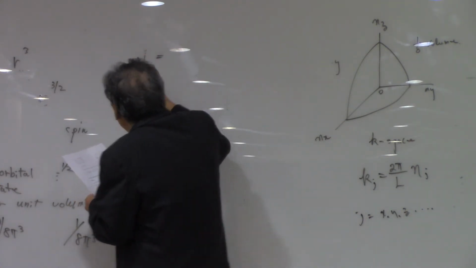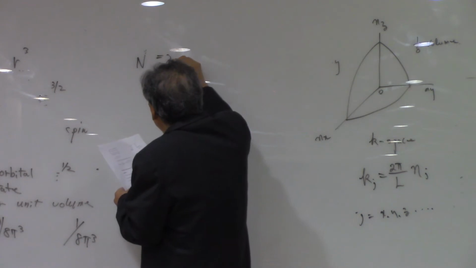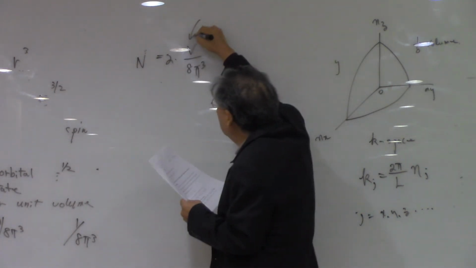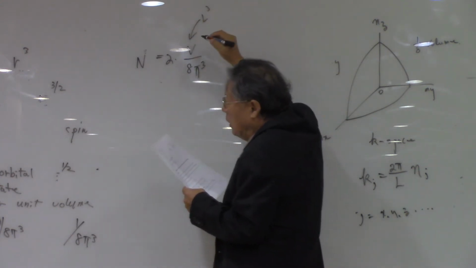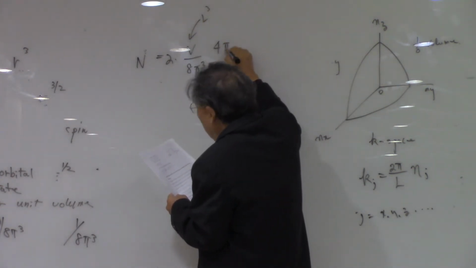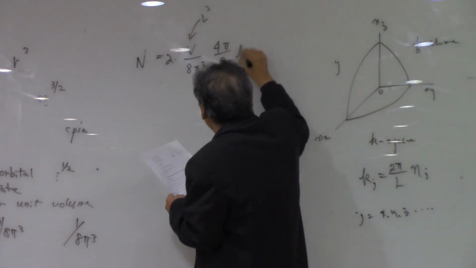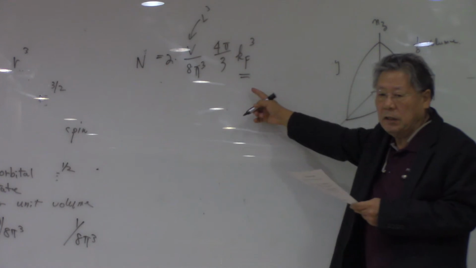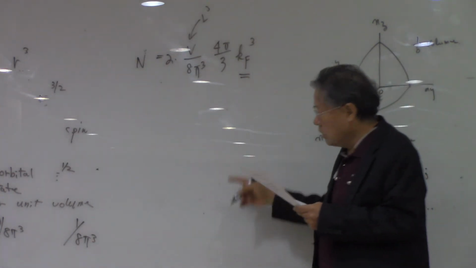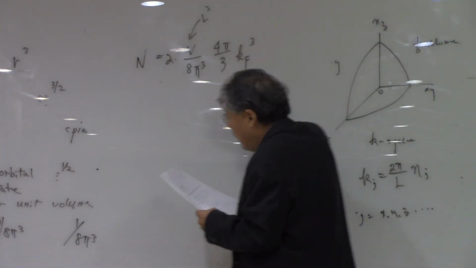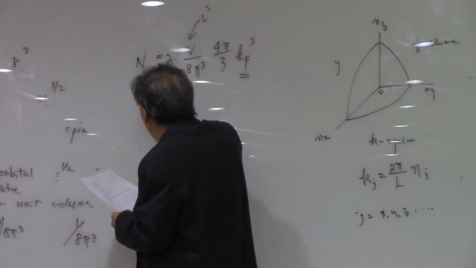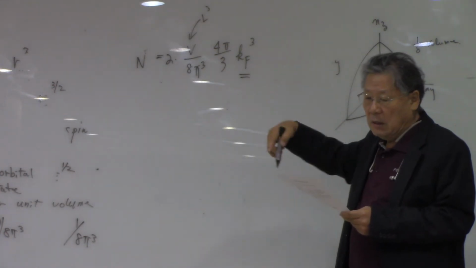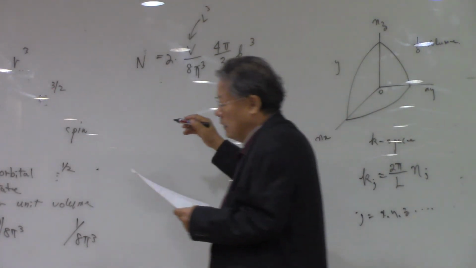So the density in k-space is nothing but L cubed times 4 pi over 3 kF cubed, and this kF is the radius of the sphere, the Fermi surface wave number, okay?